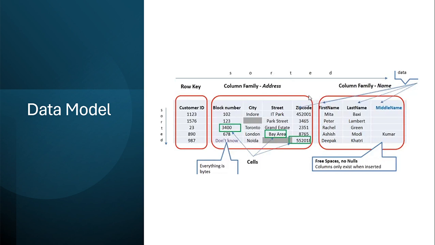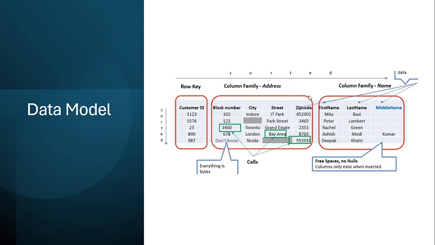That's why it is called schemaless or flexible schema. One column family can have millions of column qualifiers, and column qualifiers only exist when they are inserted. Each column family is flushed to one file called HFile in HDFS, so in HDFS it is stored in HFile format.